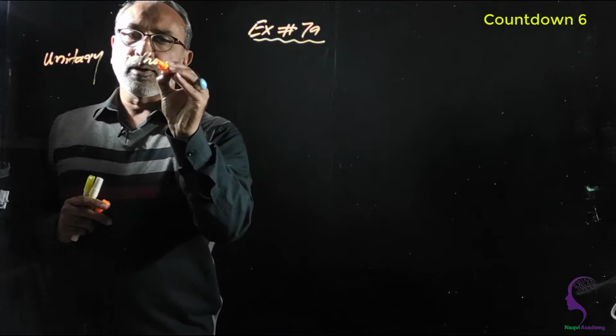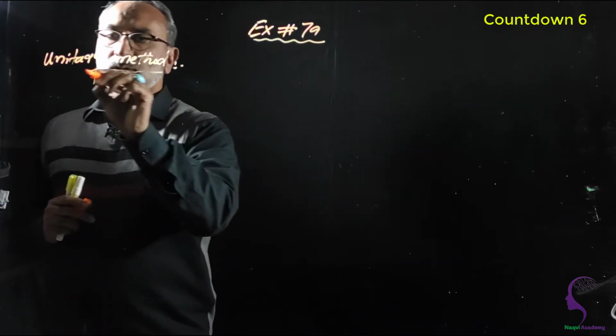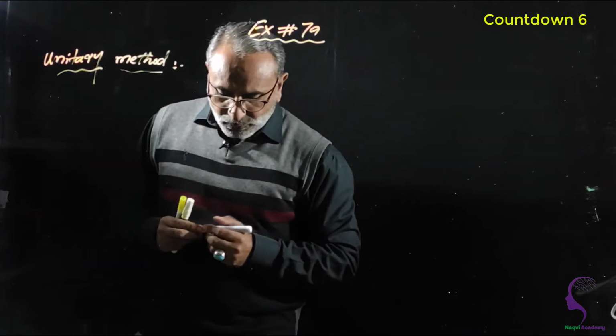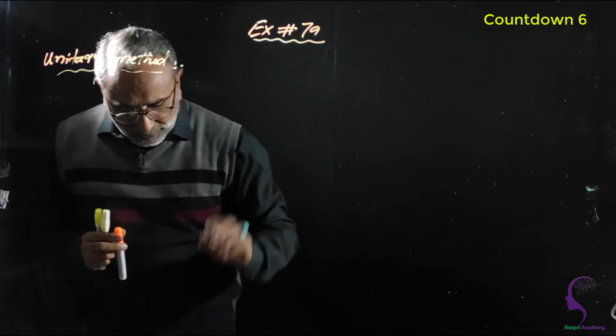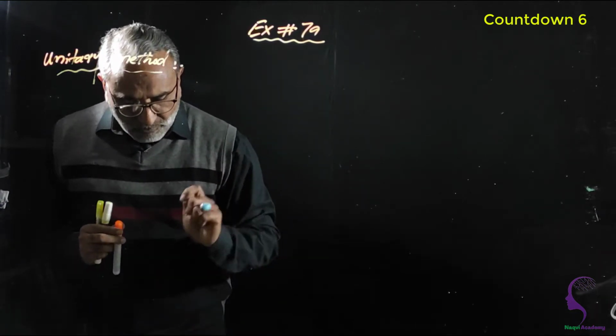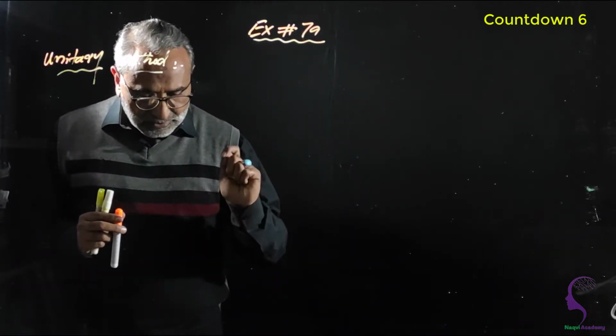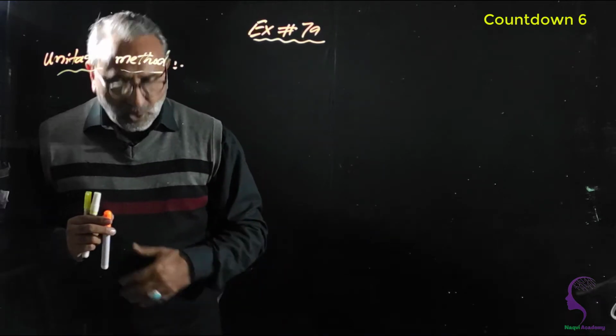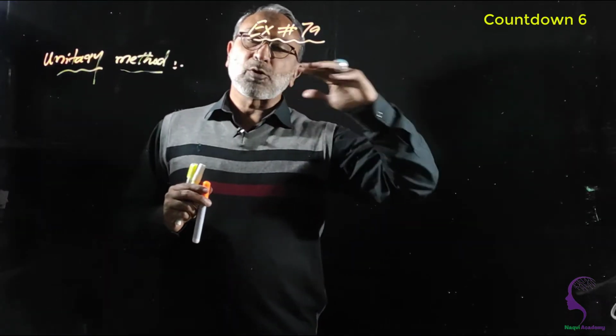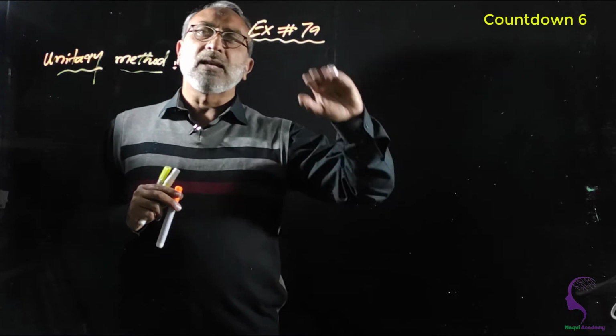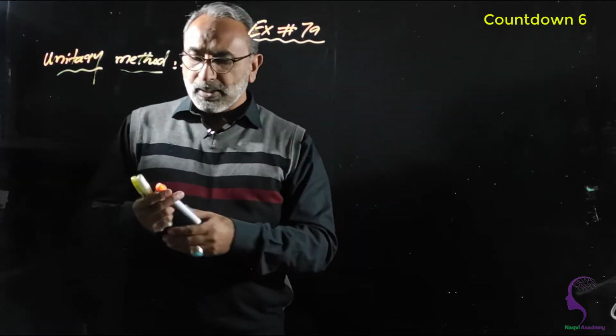Which method is unitary? Let's listen to its definition. The unitary method is used to find the value attached to individual objects and to determine the value of a group of objects. First of all, we should find the unit value, then we should find the group value. Okay, let's see.